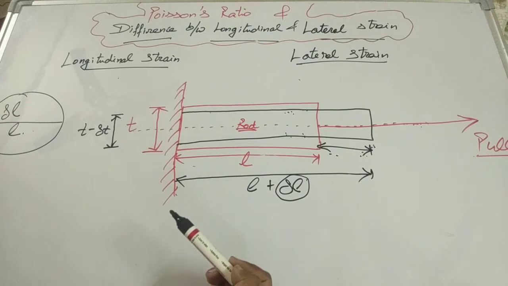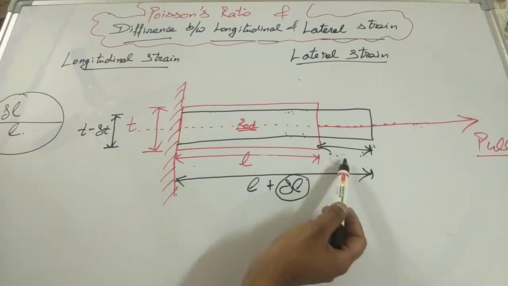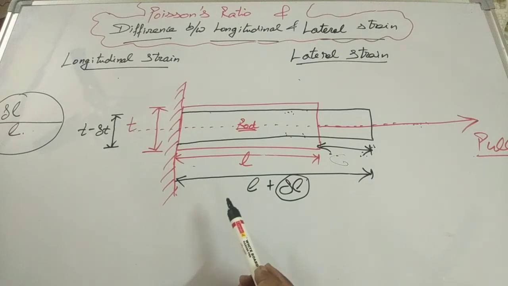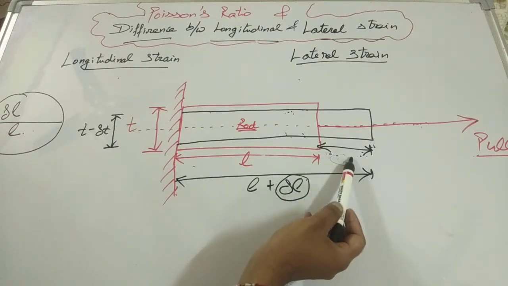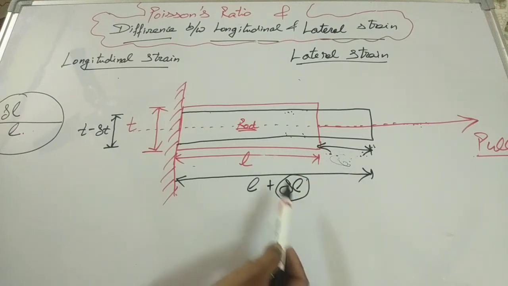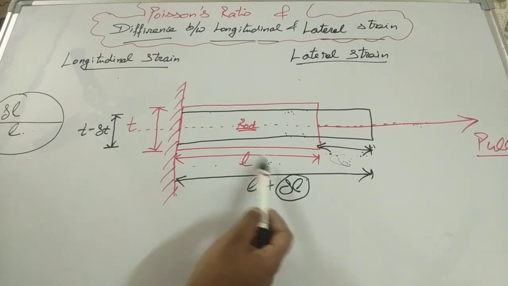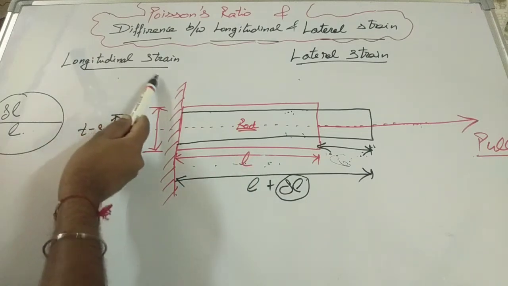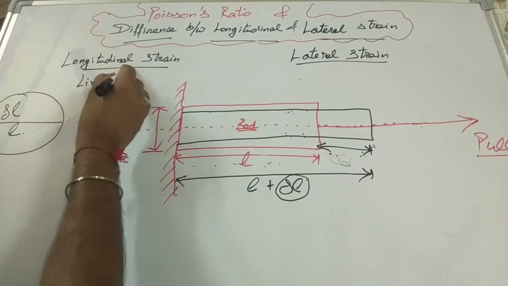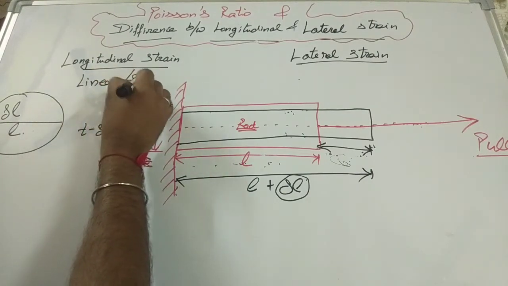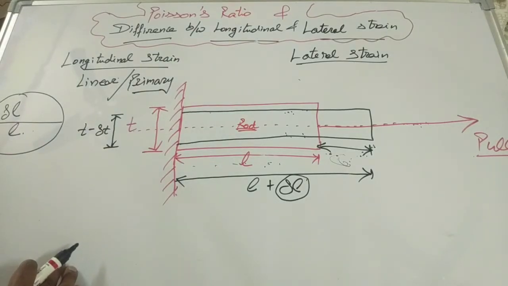Axial deformation means a deformation coming parallel to the line of action of force, that is delta L. So the ratio of this deformation delta L to the original length of the body is known as longitudinal strain, which is also known as linear strain, or primary strain. All are the same. Clear, guys?